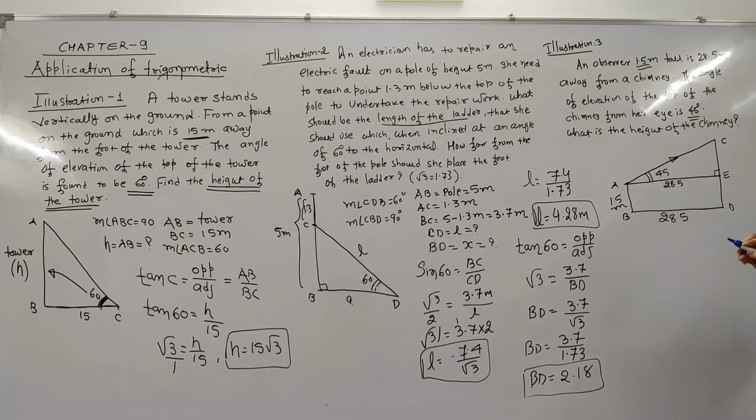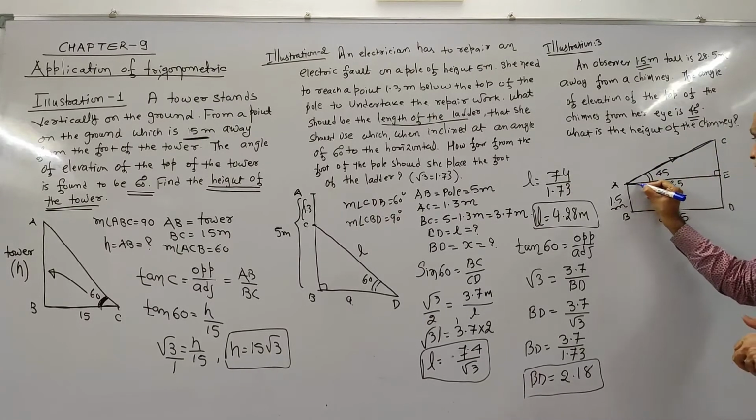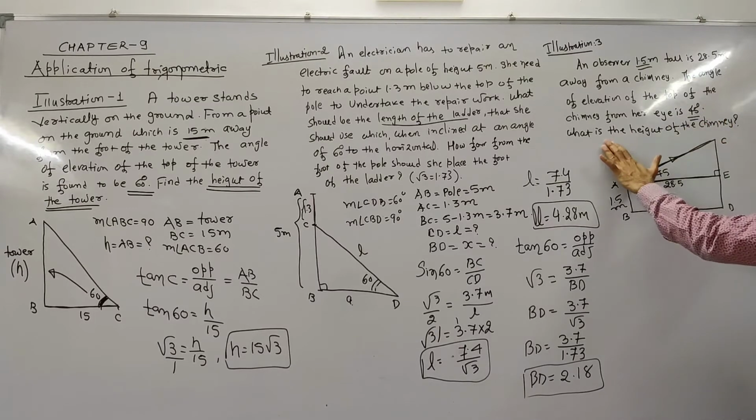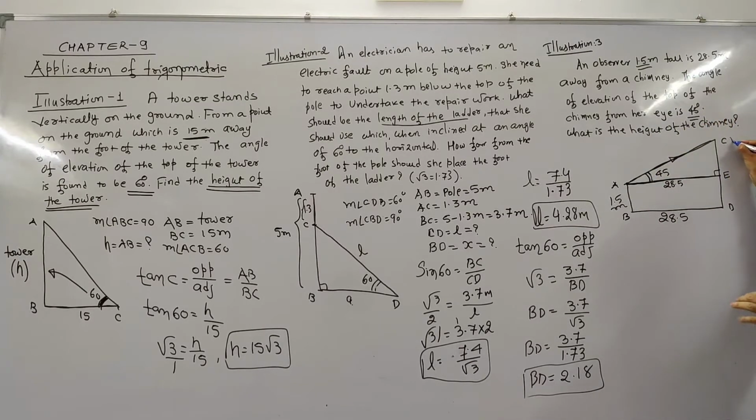Angle of elevation means the angle between the ray of vision and the horizontal ray passing from the eye of an observer, and that is 45 degree. What is the height of the chimney? Here you have to find the height of the chimney. So this is H. Now this is 28.5. This is 1.5, so this is also 1.5. If CD is equal to H, then what about CE?